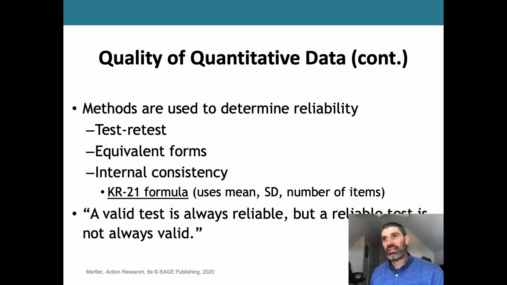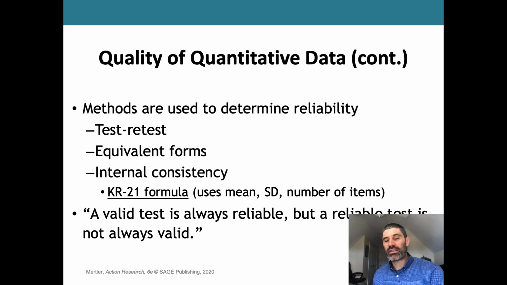Equivalent forms is to have two different versions of an assessment, and to give someone one working memory test one day and then another working memory test another day. Now, there are different questions that you're asking for that. Do they line up? Are they correlated with each other? The Kuder-Richardson index, or the KR21, is another formula that's developed to correlate scores.